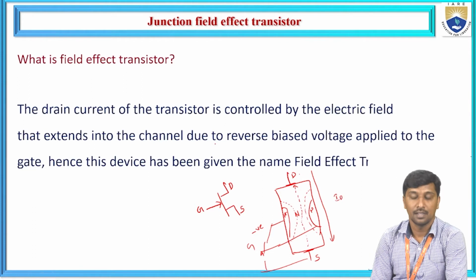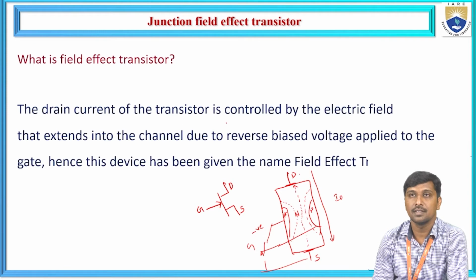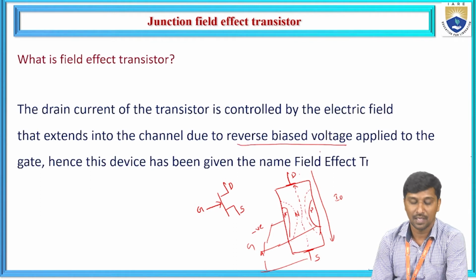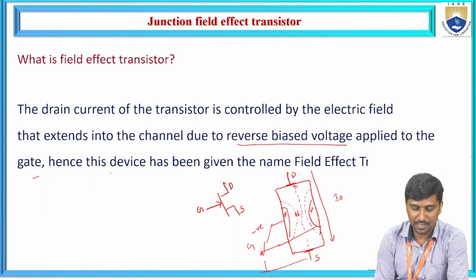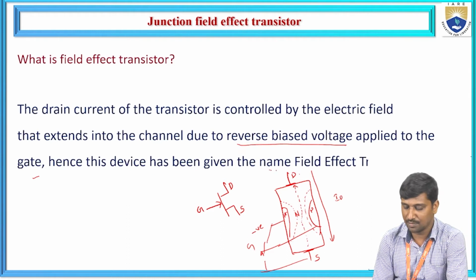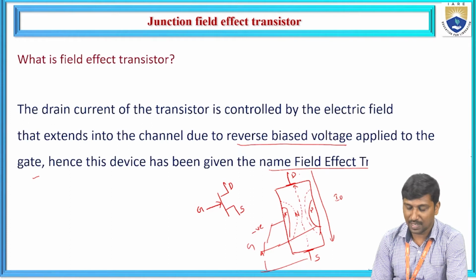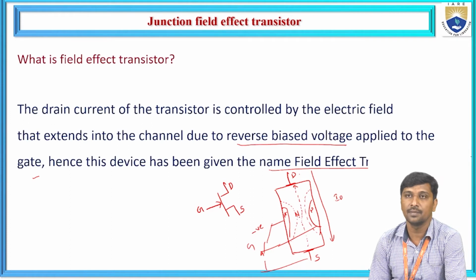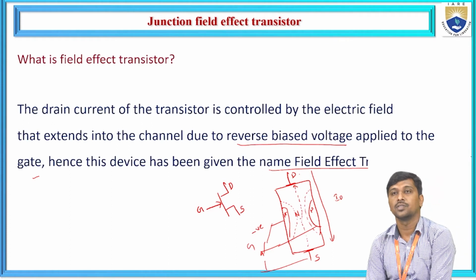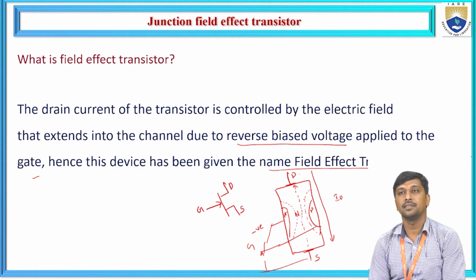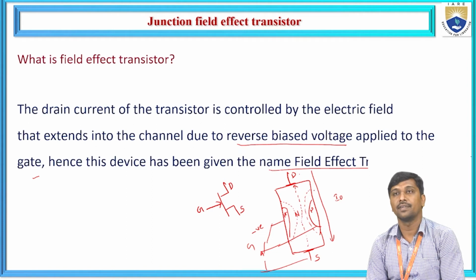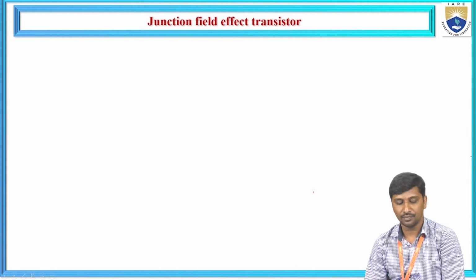That is the reason the drain current of the transistor is controlled by the electric field that extends in the channel due to the reverse bias voltage applied to the gate. Hence, this device is given the name field effect transistor. The applied voltage affects the flow of conduction, so this type of transistor is called a field effect transistor.